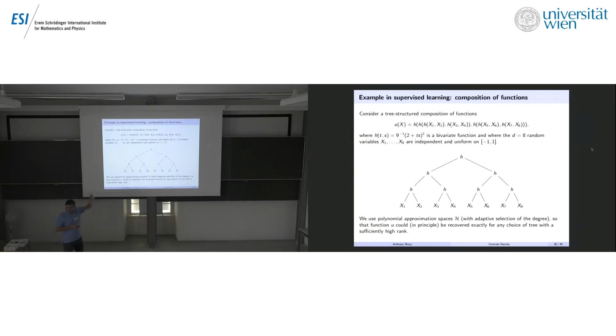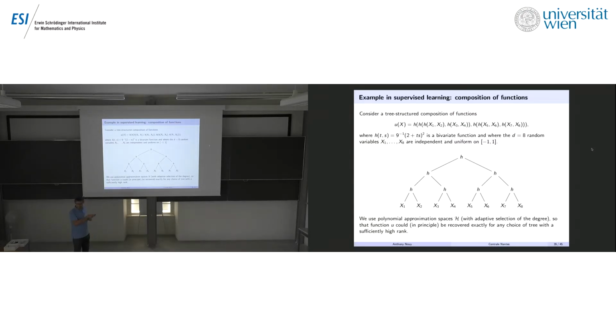So by choosing as background spaces polynomial approximation spaces, you should be able to recover this function for any tree, because by increasing the rank, at some point, you will fill the space, okay? When the ranks are equal to the dimension of the underlying background approximation space, you should be able to recover this function. But of course, the tree, as we will see, is really crucial here.